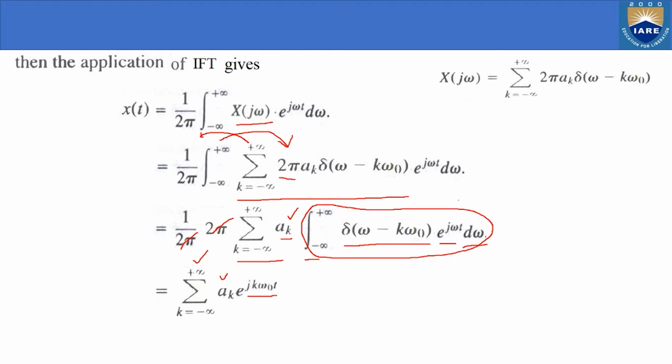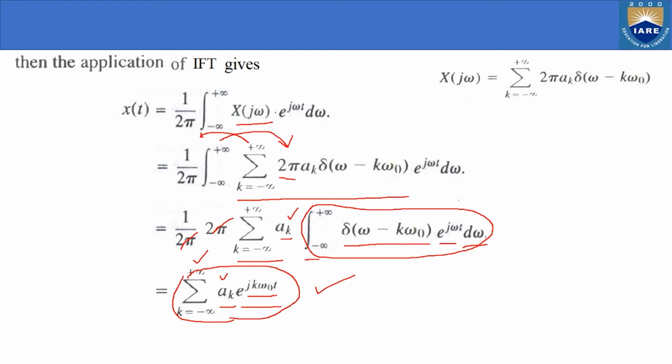Similarly, for k equal to 3, it is e to the power of j 3 omega naught t. So like that, for infinite k values, I have coefficients ak's multiplied by the corresponding exponential functions. So this equation is nothing but the Fourier series equation, correct? This is nothing but the Fourier series equation basically.